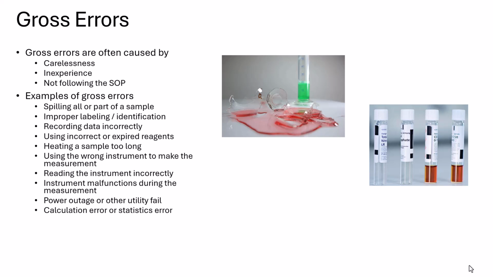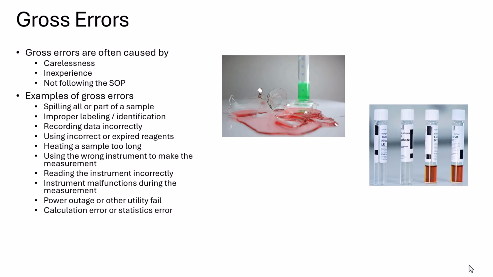You must follow them. So examples of gross errors: spilling all or part of a sample, improper labeling, recording the data incorrectly, using incorrect or expired reagents. Maybe you picked up 10x instead of 1x. Heating a sample too long, freezing it when it shouldn't have been frozen, using the wrong instrument to make the measurement, reading the instrument incorrectly. The instrument malfunctions during the measurement.